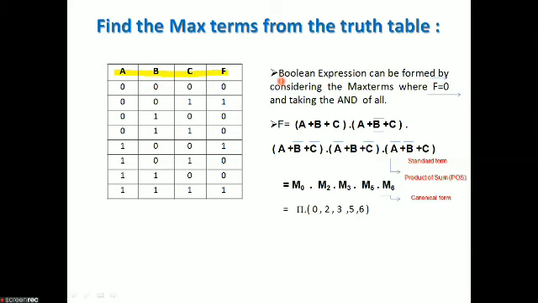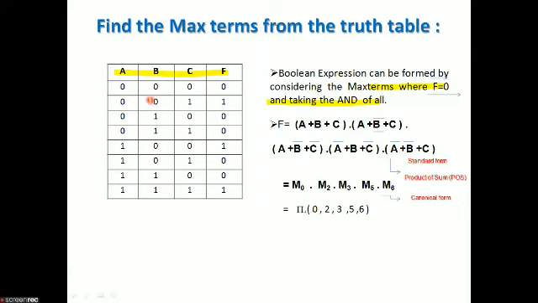The Boolean expression can be formed by considering the max terms where F is equal to 0 and taking the AND of all the terms. This is a very important statement. That is, we will be considering the max terms where F is equal to 0 and taking the AND of all those max terms.